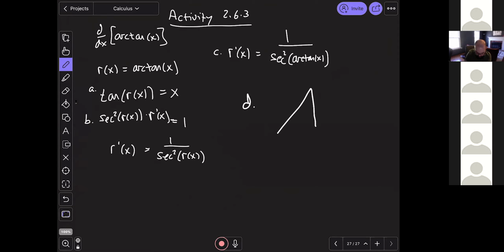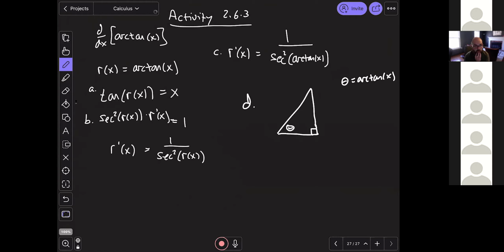We're gonna have a right triangle, and then we're gonna put our little angle theta down here, and we're gonna say theta is arctangent of x. So this is the angle that we have to plug into tangent to get x.